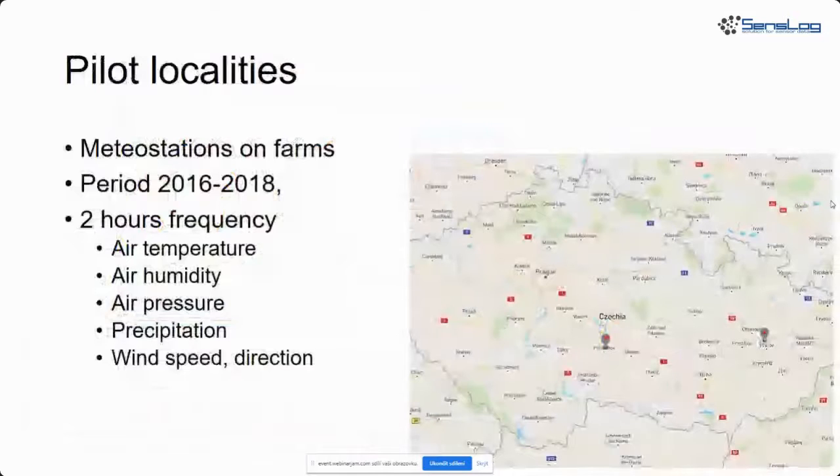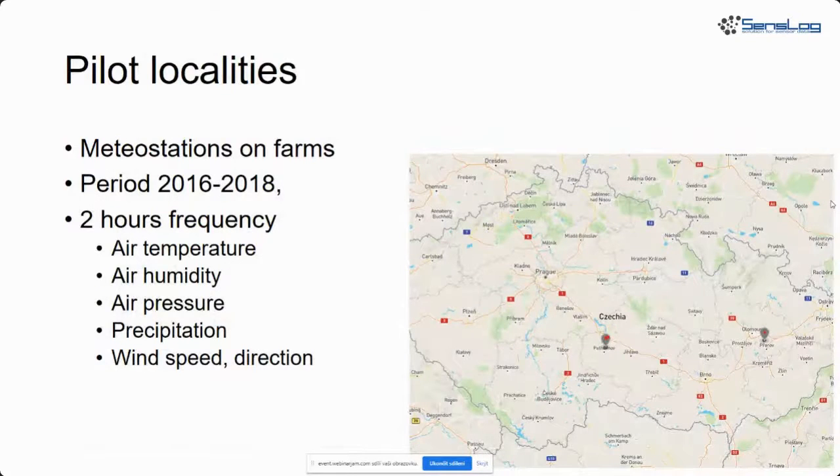Back to our challenge for this assessment of sensor data and ERA dataset. We have selected two pilot localities where we have deployed meteo stations, mainly between the years 2016 and 2018.